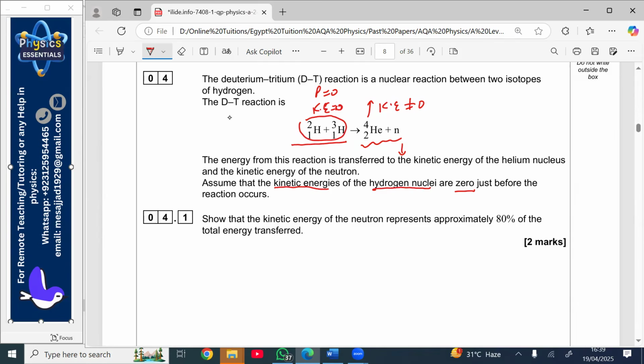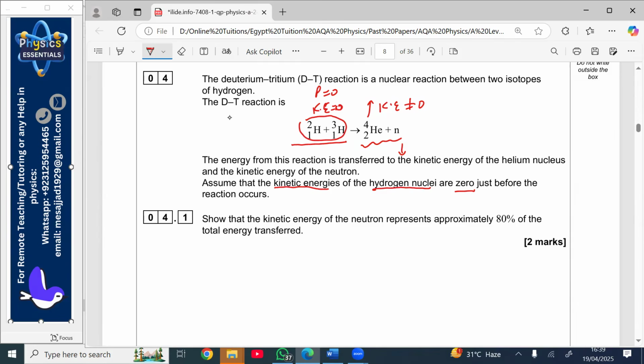Kinetic energy of the hydrogen nuclei was zero before the interaction, and after the fusion they have banged each other and turned out of two into one. That is fusion. So where two nuclei turn into one nucleus, that is fusion. And when they turn into one, they created helium and neutron, and both now have kinetic energy.